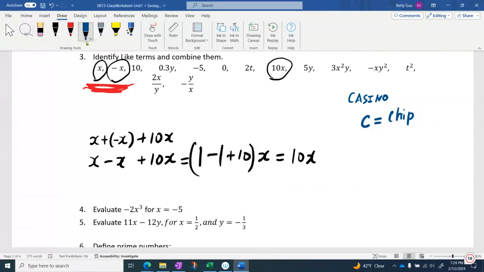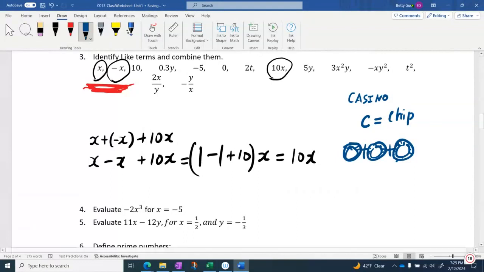If you got 3 chips, 1, 2, 3. How are you going to record the 3 chips you have using mathematical notation? If I add them together, you understand what's going on.